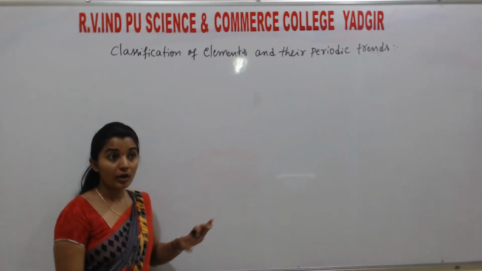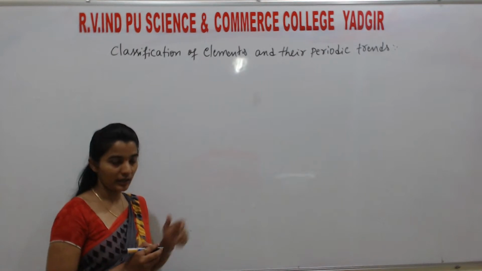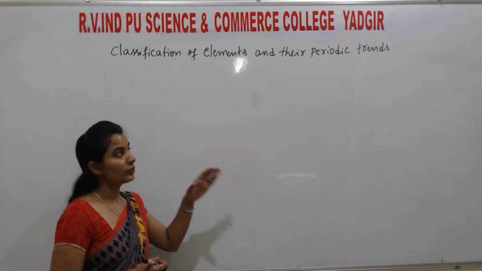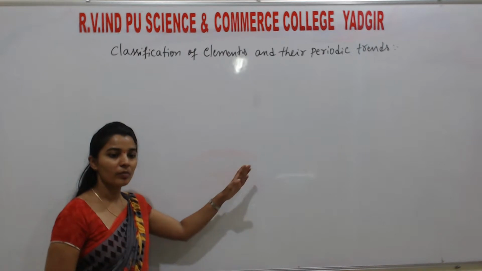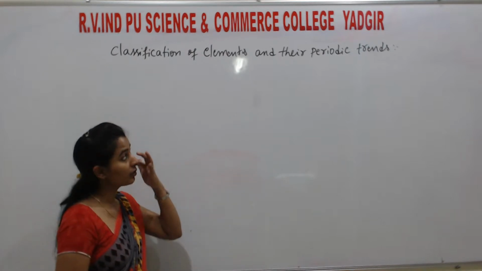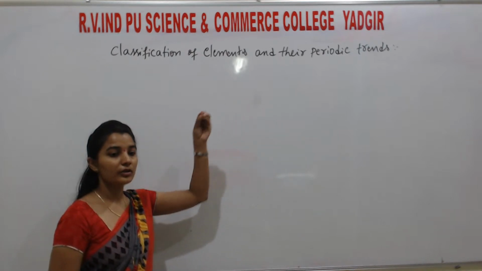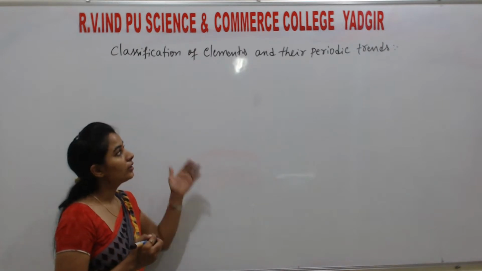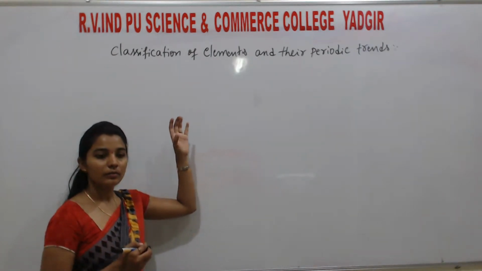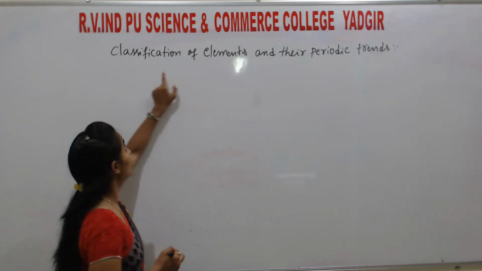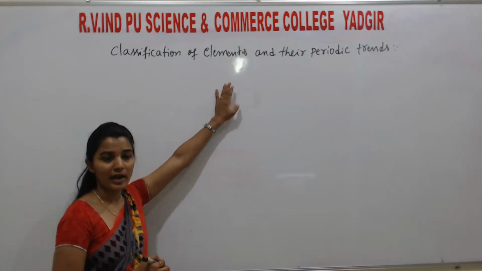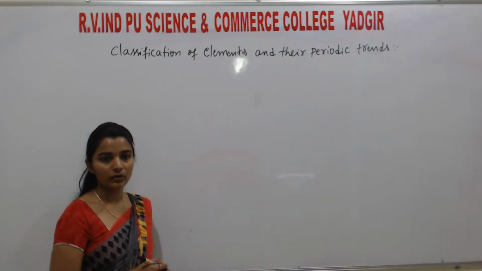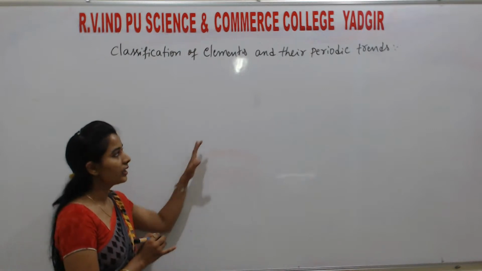In the periodic table we now use the modern periodic table, with s, p, d and f blocks. All of that is about periodic trends. We are going to study what happens to the periodic properties of the elements in the periodic table, and also on what basis they are classified as s, p, d and f blocks. Everything we are going to study in this chapter.